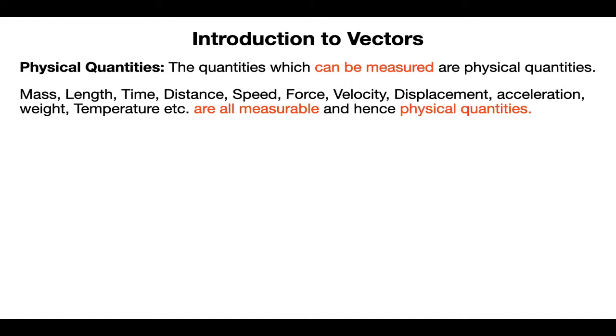Some of the quantities are mass, length, time, distance, speed, force, velocity, displacement, temperature, etc. They are all measurable and hence we term them as physical quantities.